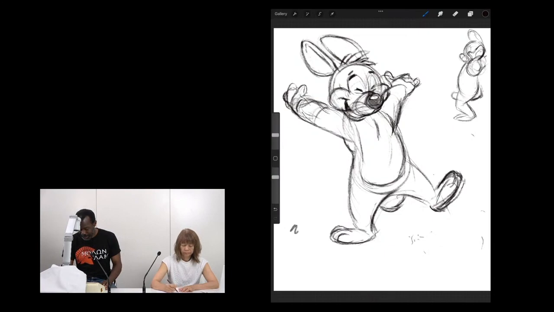Because your drawing is still trying to live, right? So don't beat yourself up and say, this is not working, or this is crap. Sometimes you need to have a little bit more faith in what you're doing.